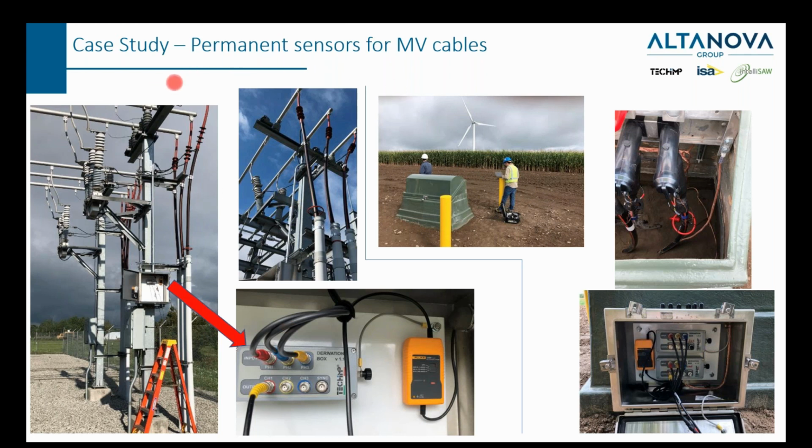It's midway, or one step above the periodic maintenance test. Instead of sending people to test every year or every other year, once we have the permanent sensors installed, the circuit owner can do the test by themselves, because the access is quite simple and quite safe.